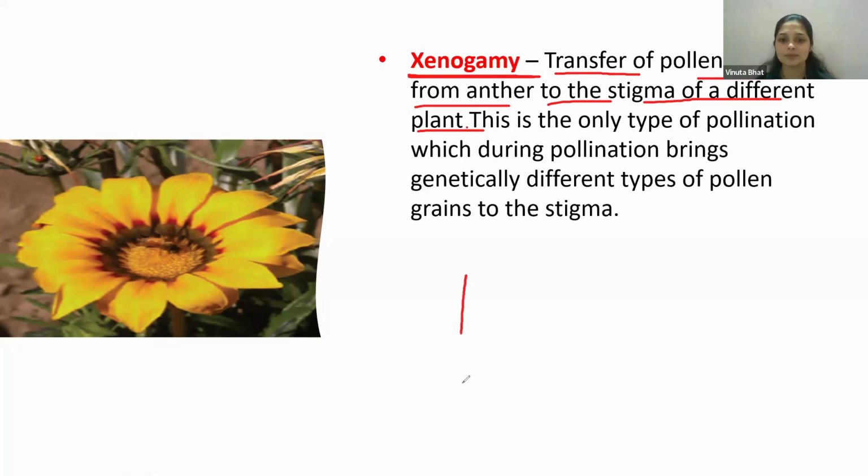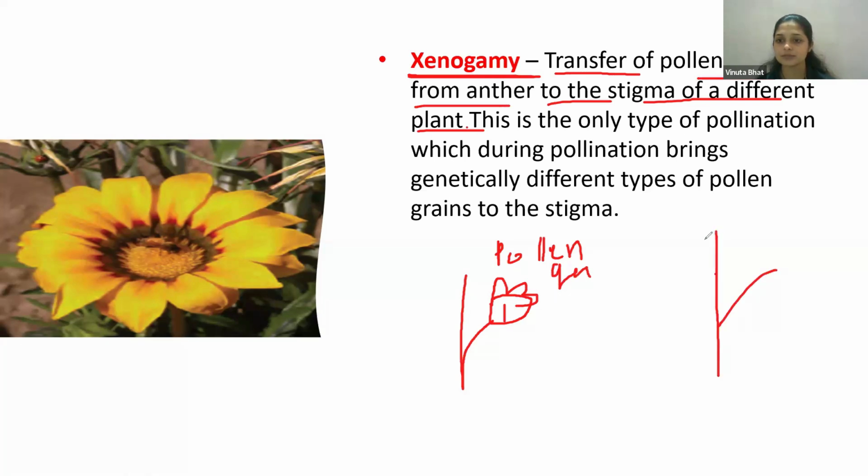Just imagine there is a flower, and there are pollen grains from this flower, which go to the stigma here.